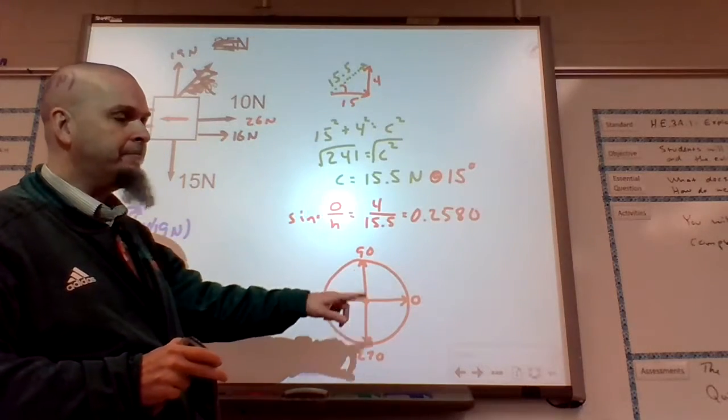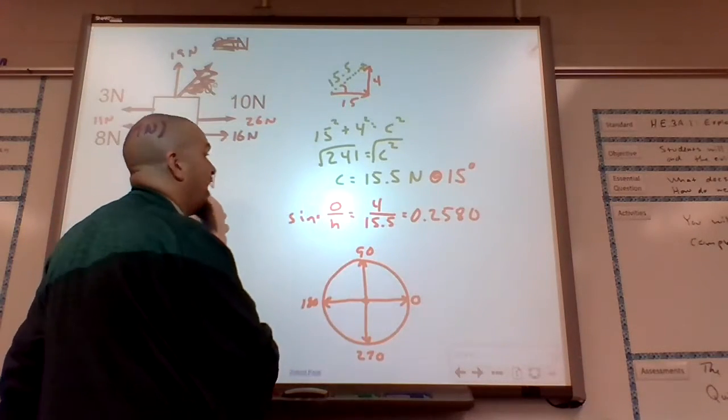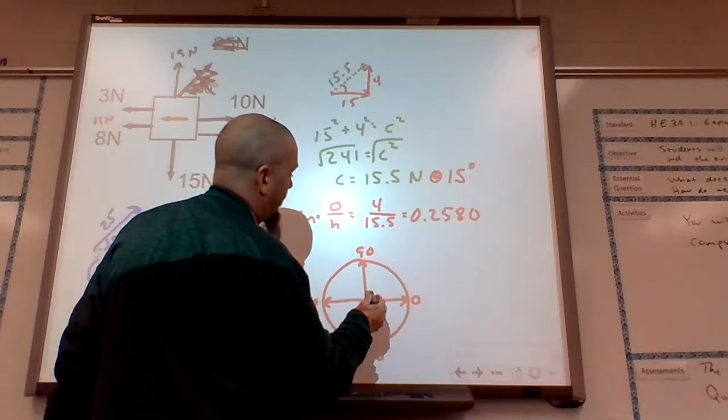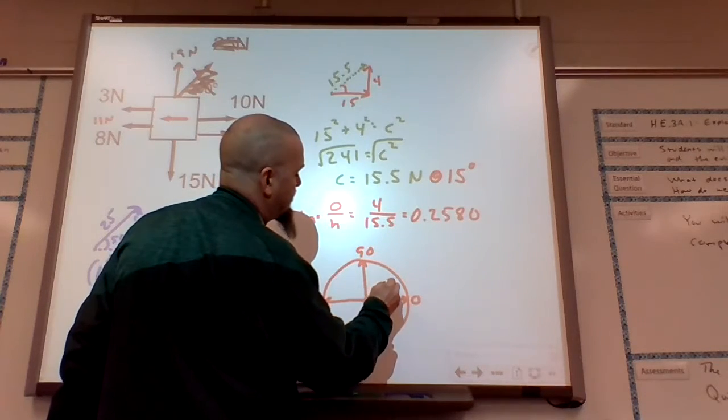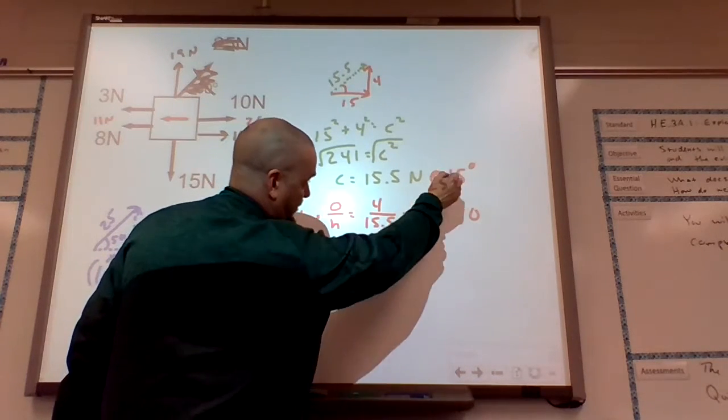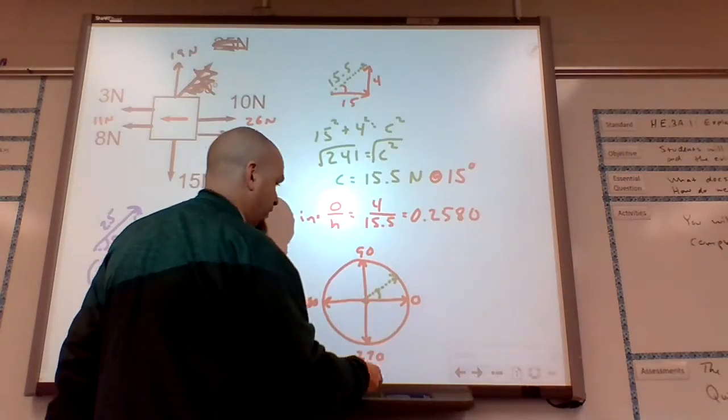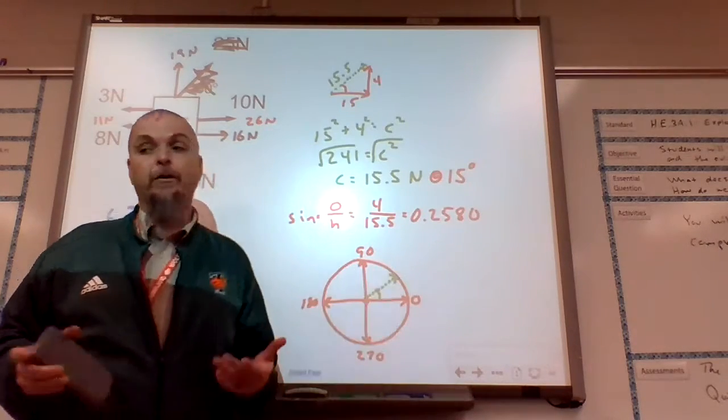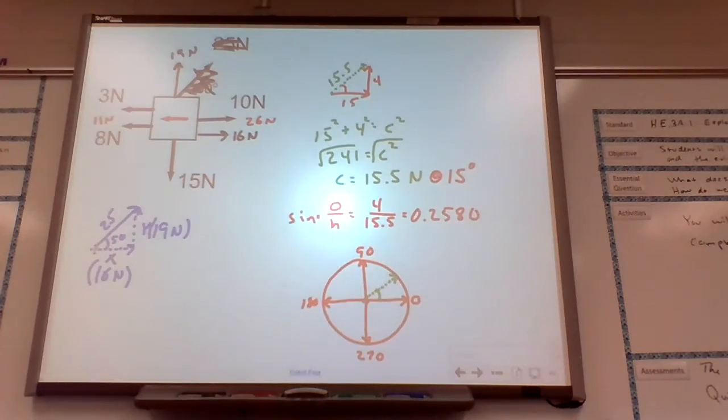Increases by 90 every time. My angle at 15 degrees is there. So it's 15 degrees above 0, so 15 degrees would be the actual number that I would use. If you wanted to put a direction on that, that's north of east.